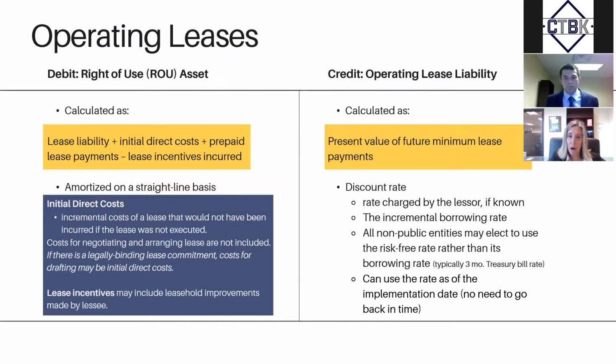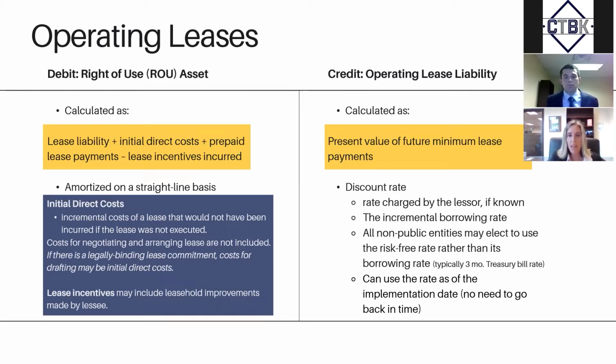And if you're a non-public entity, you also have the ability to use a risk-free rate, which is typically like the 3-month treasury bill rate. If you decide to use the risk-free rate, that might actually result in a higher lease liability and right of use asset. So consider that when you're making your election, whether to use the incremental borrowing rate or the risk-free rate.